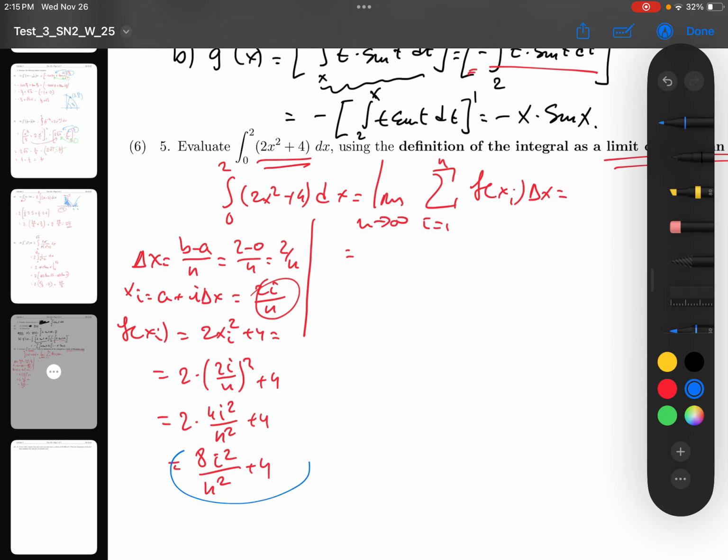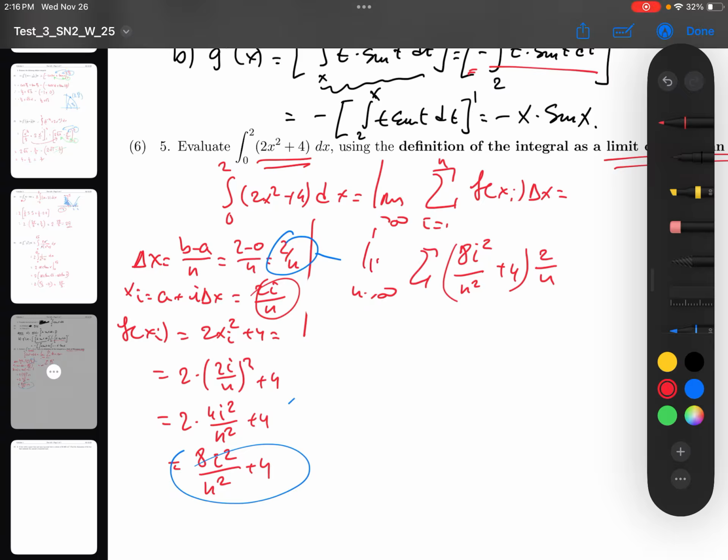So I'm going to plug this expression for my xi right here, and then I'm going to plug delta x right here, and I'm going to evaluate that limit of the Riemann sum. So the limit as n goes to infinity of the Riemann sum of 8i squared over n squared plus 4, times 2 over n, is equal to the limit as n goes to infinity of the Riemann sum of 16i squared over n cubed plus 8 over n.